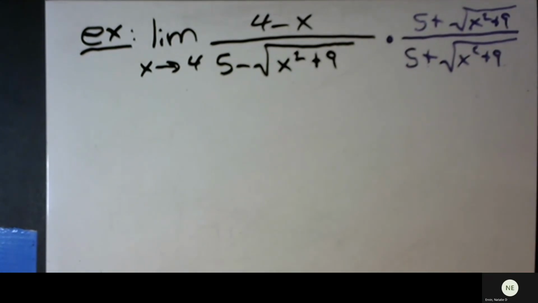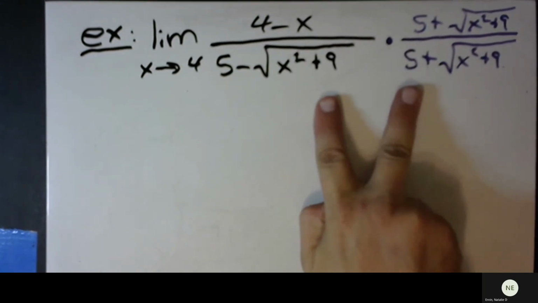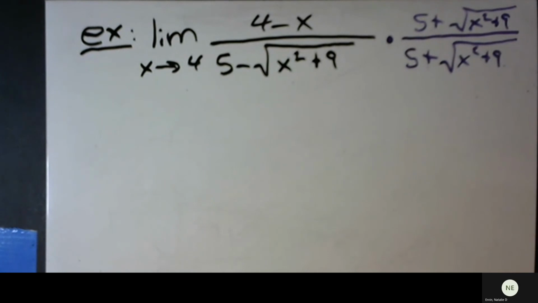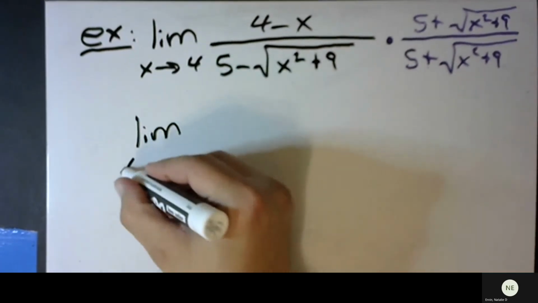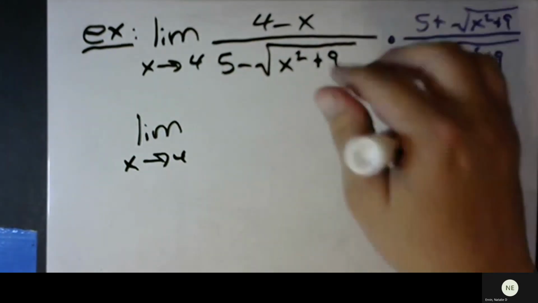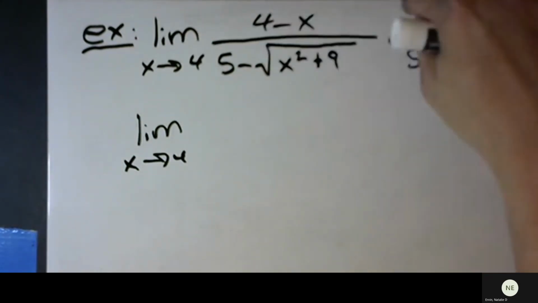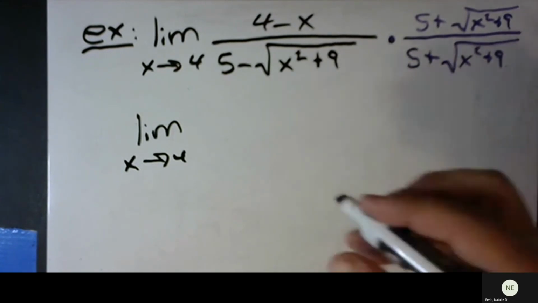Now, what makes this one interesting, for this one, we are going to FOIL the bottom. We are going to do that. So we're going to FOIL the top and bottom. 4 times 5. Well, hold on. Let's FOIL the bottom first.